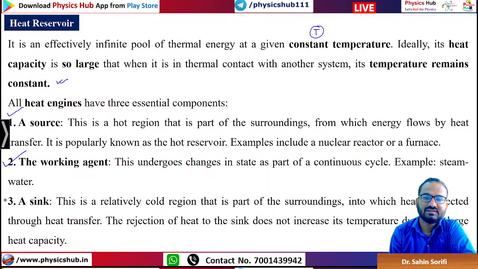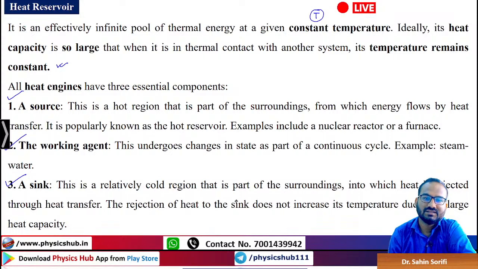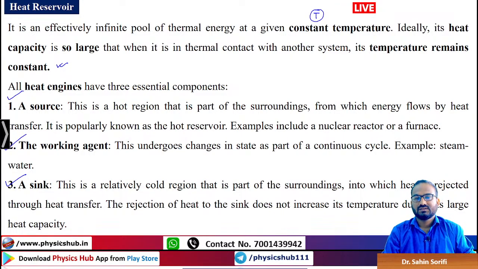A sink is a relatively cold region, that is part of the surroundings into which heat is rejected through heat transfer. The rejection of heat into the sink does not increase the temperature due to its large heat capacity. So, if you are, let us say, boiling some water, will the heat from the burner increase the surrounding temperature?